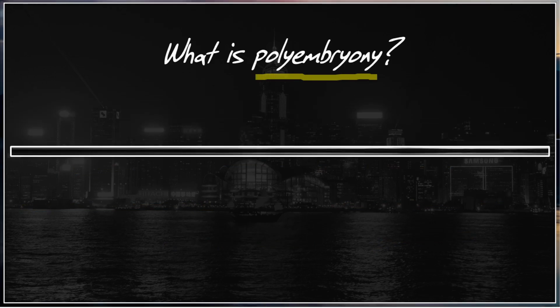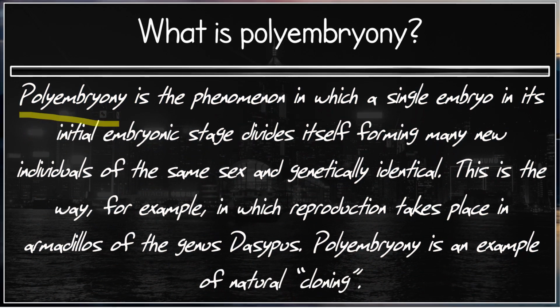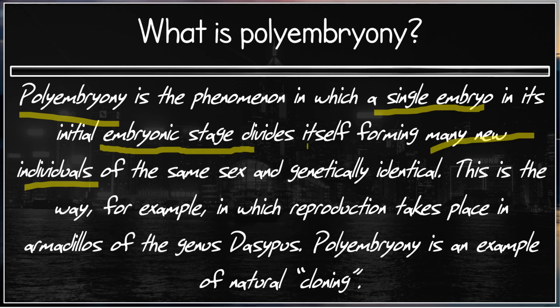What is polyembryony? Polyembryony is a phenomenon in which a single embryo in its embryonic stage divides itself, forming many new individuals of the same sex and genetically identical.